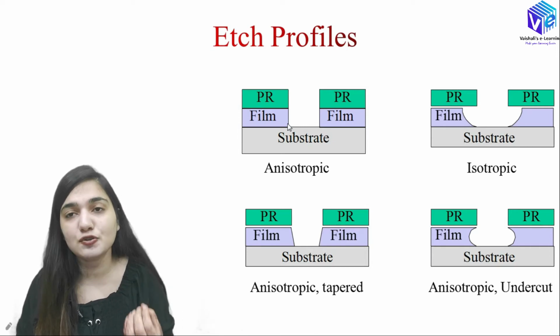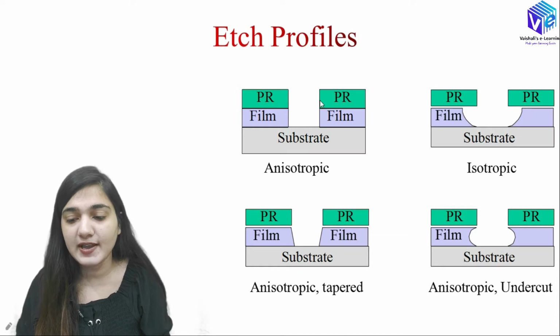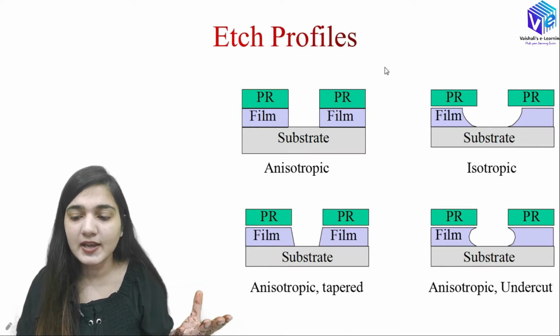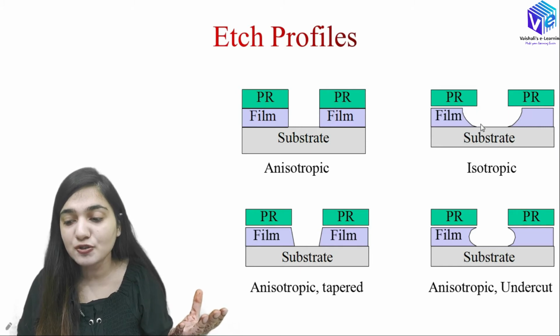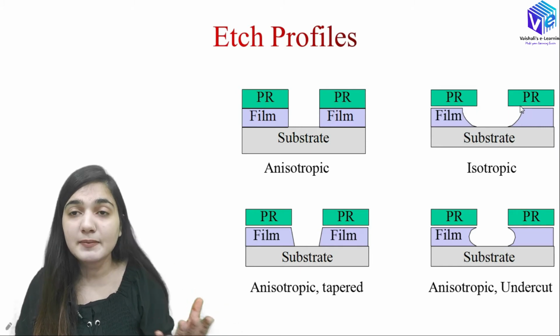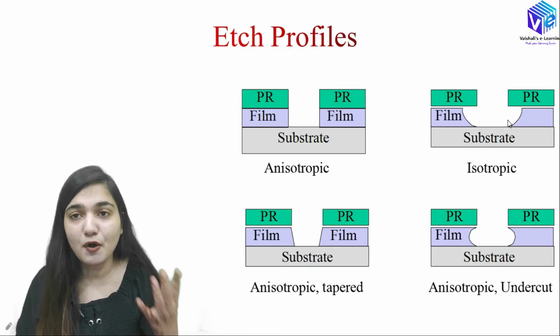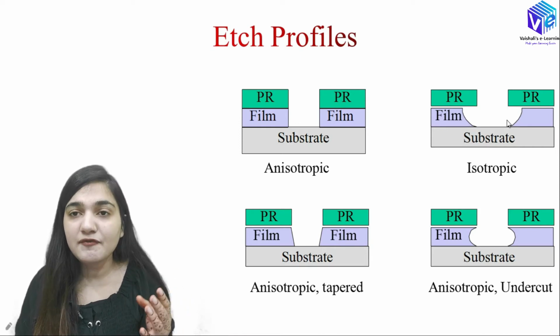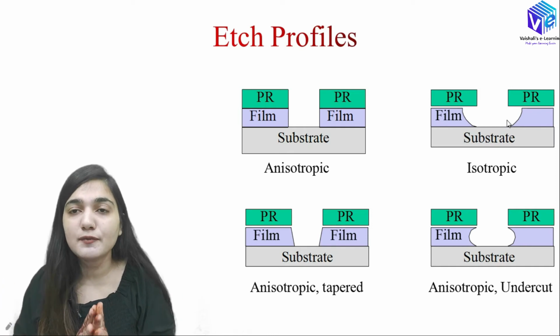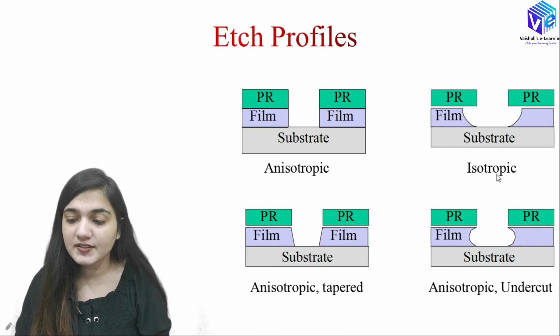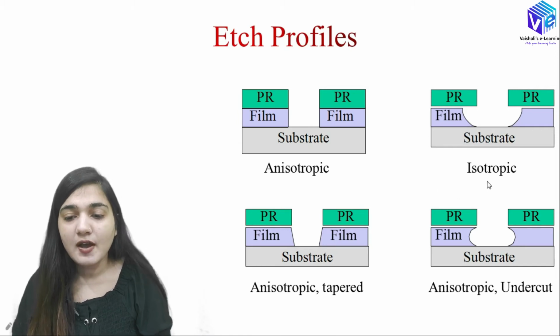I want an anisotropic kind of etch profile, which is available only with dry etching. With wet etching I get an isotropic etch profile, which gives me a very bad kind of mask, and I cannot use it physically for less than 3 micrometer feature size. So I hope now you understood this isotropic kind of etch profile.